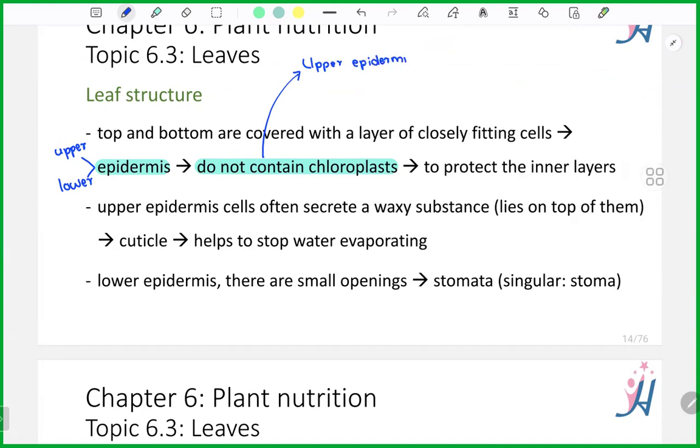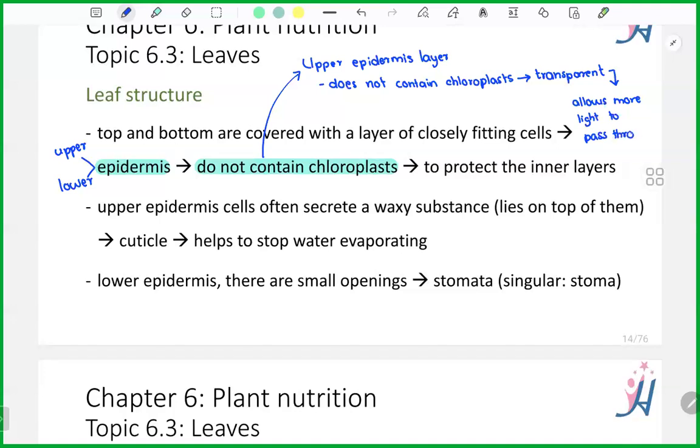The upper epidermis layer does not contain chloroplasts. Since they do not contain chloroplasts, the layer may seem transparent. Being transparent allows more light to pass through and reach the mesophyll layer.